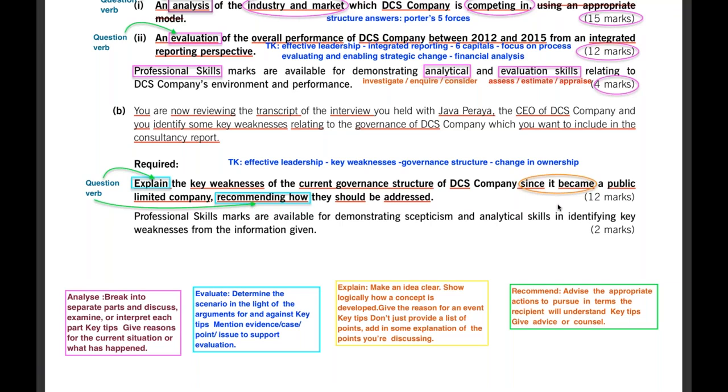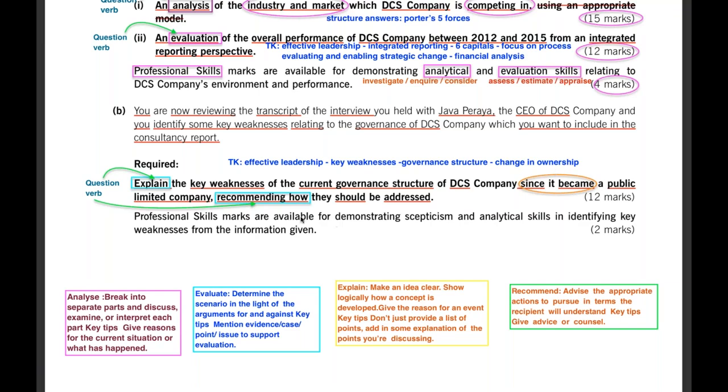It triggers how you should be thinking and how you should be looking at it. Since it became means that before this it was not. So indirectly, under this technical knowledge, you are looking into the key weaknesses of a governance structure in relation to the change in ownership.